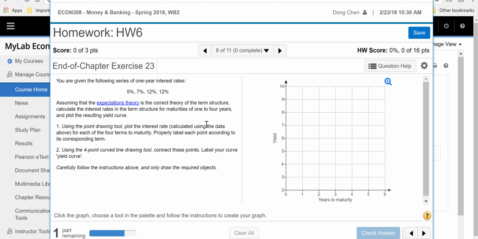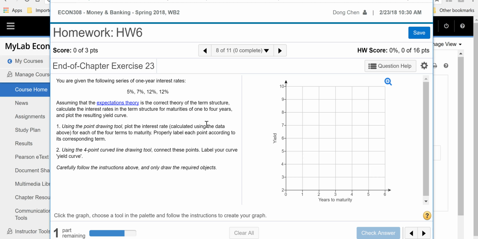That means for a bond investor, as long as the average annual return of the long-term bond, for example a 20-year bond, and the annual return of the short-term bond is the same, then investors don't care whether they invest in a 20-year bond versus a 1-year bond.